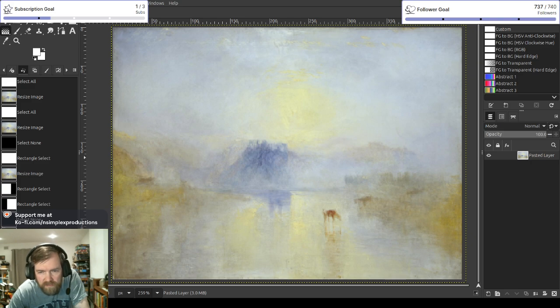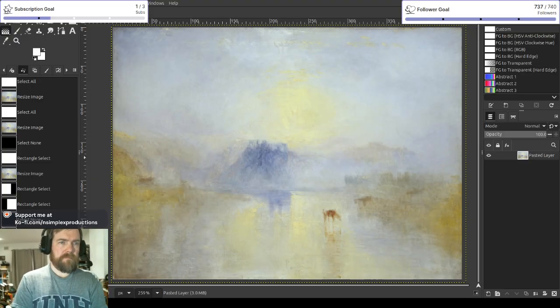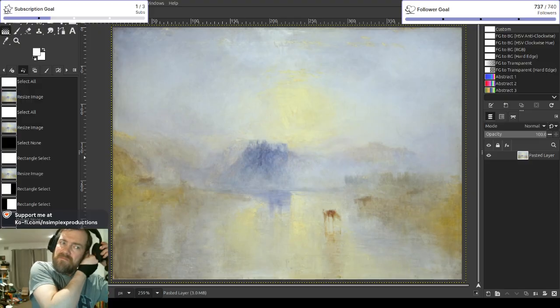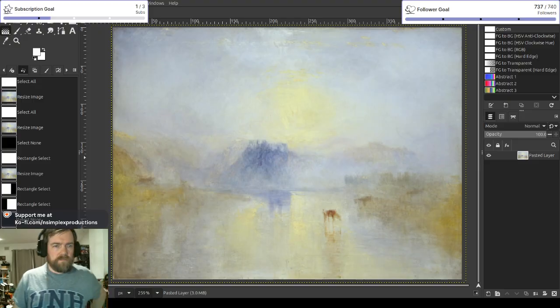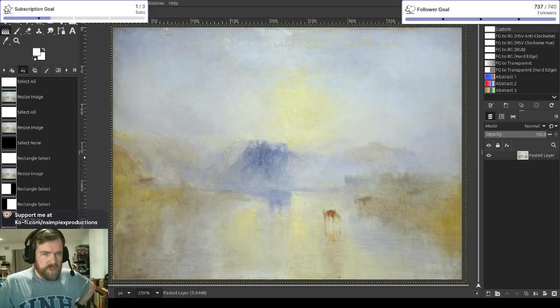Oh, I don't like that. Gross. Change the intensity range in a channel.